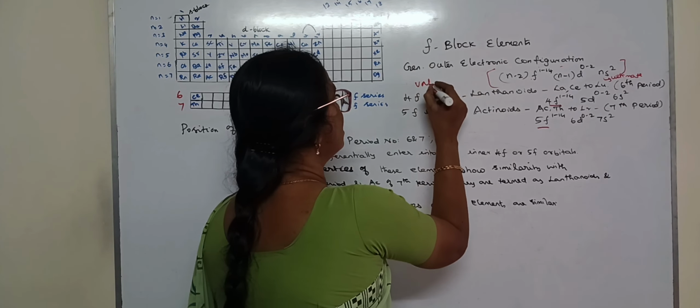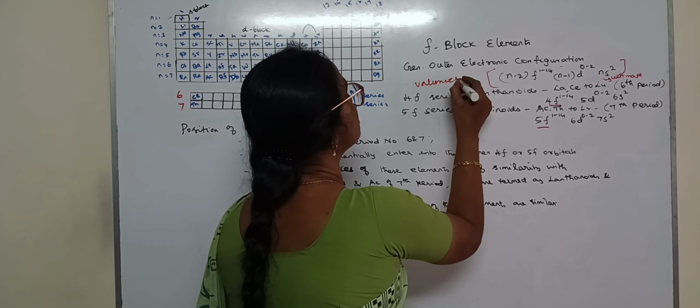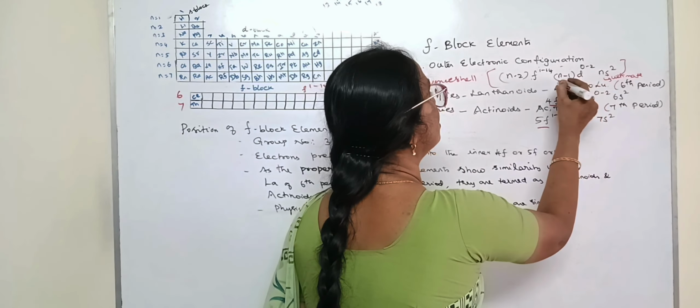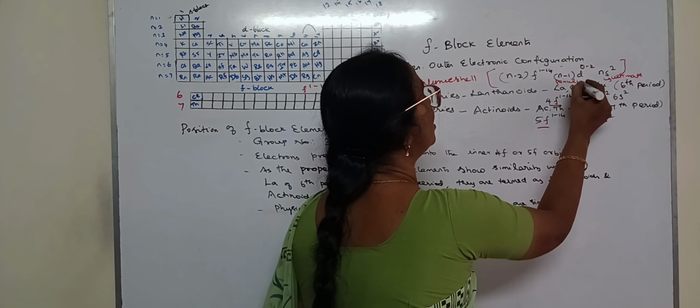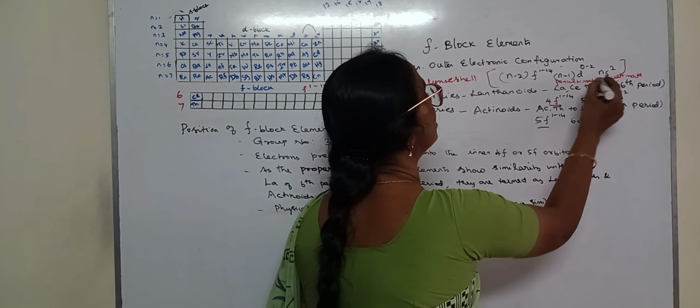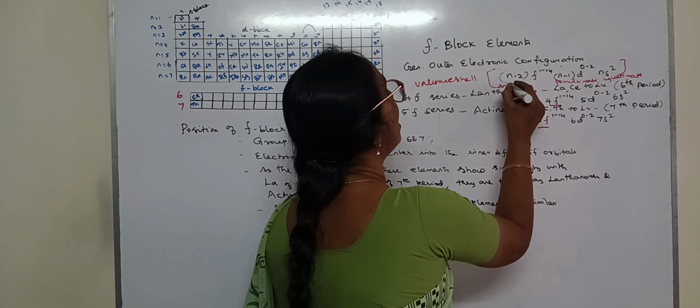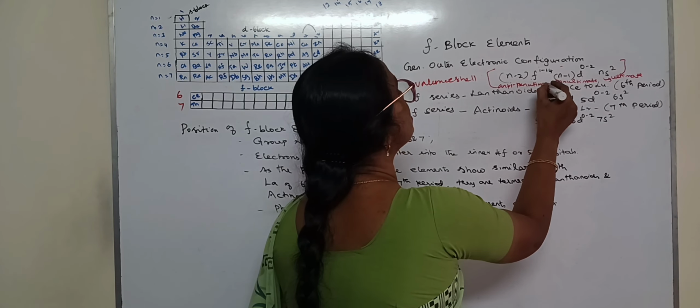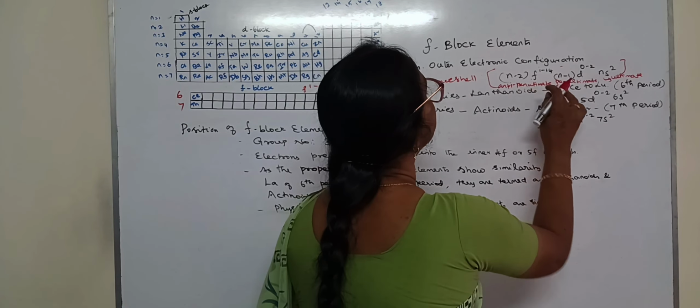In this valence shell, we have 3 types of orbitals. One is the ultimate orbital, this is the penultimate orbital, and the previous one is the anti-penultimate orbital. In the anti-penultimate orbital only, the electron is being filled up.